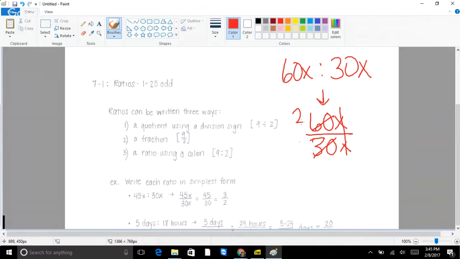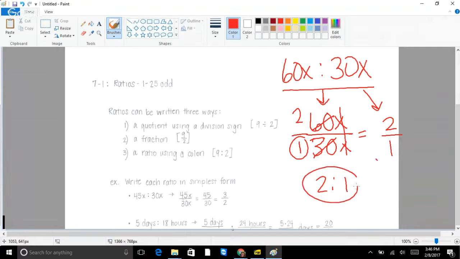This is a little weird, but don't forget that there's a 1 down here in the denominator when we don't have anything written. So 60x to 30x can be written as a ratio of 2 to 1.